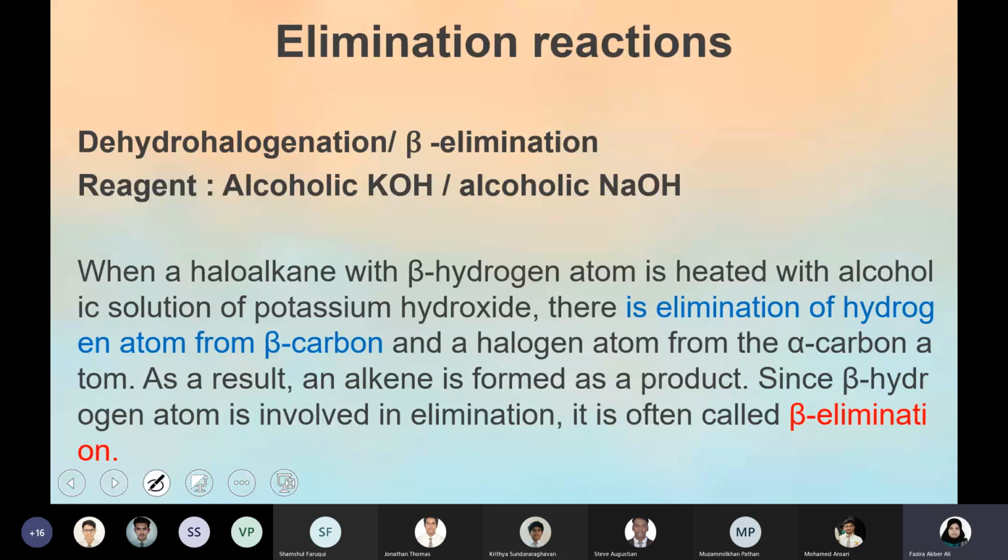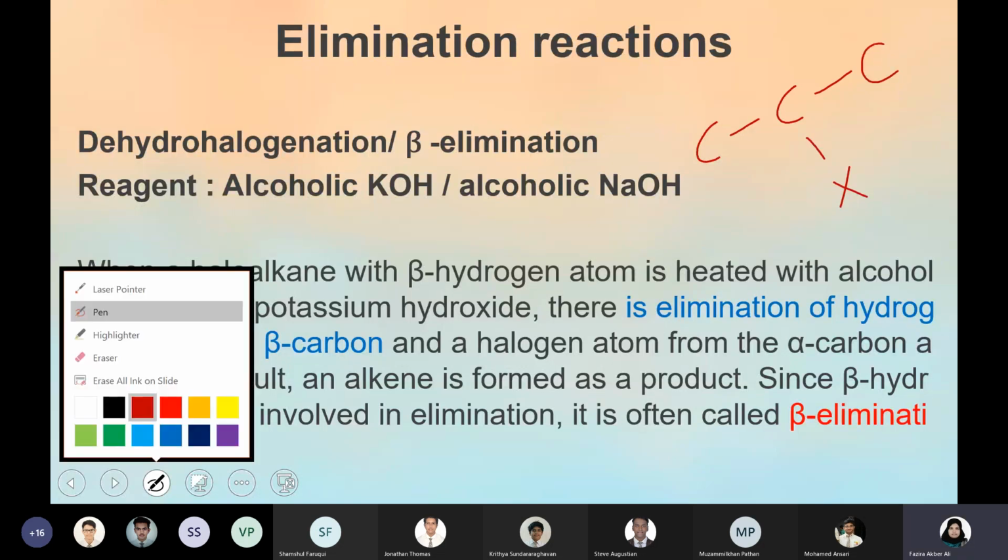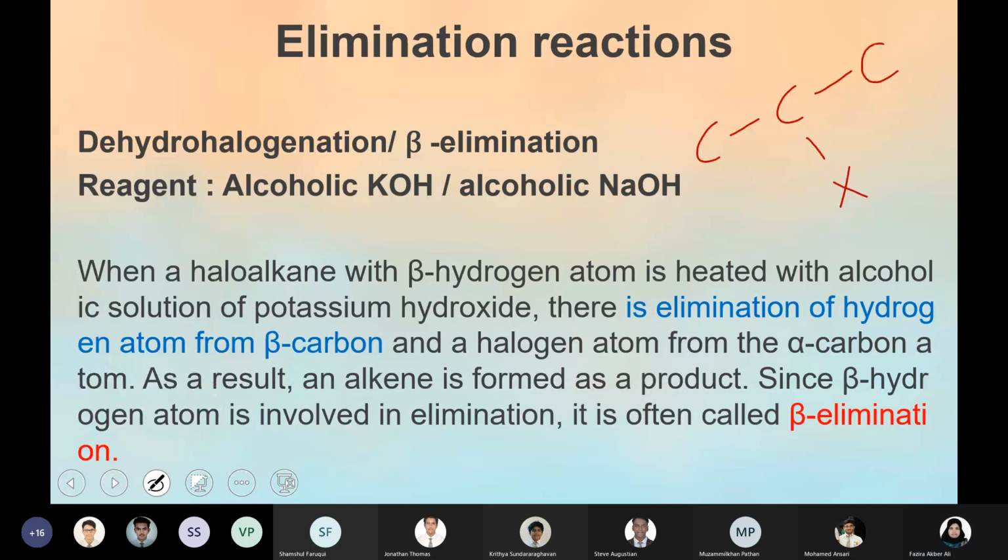That means removal of hydrogen which is attached to the beta carbon. What do you mean by alpha and beta carbon? Student: The carbon attached to the halogen is the alpha carbon, and the ones next to it are beta. Yeah, very good, Jonathan.